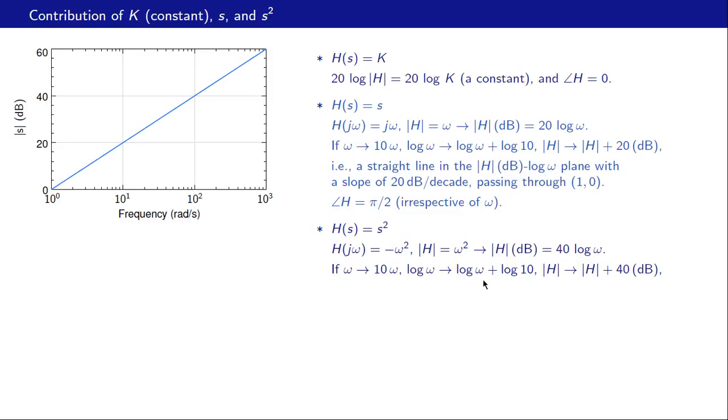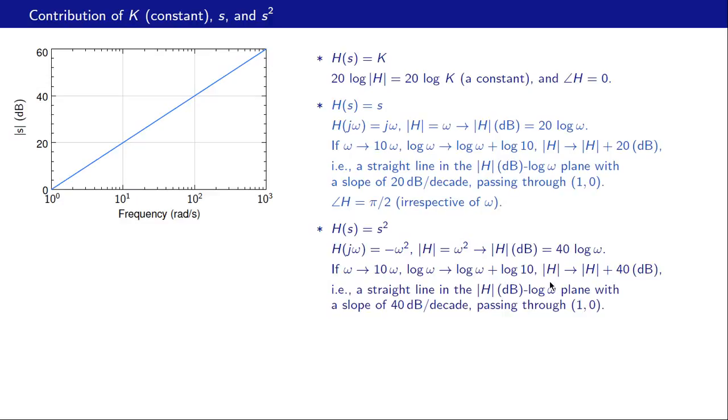Once again, we go through this exercise of allowing omega to go from omega to 10 omega, and then we find that h increases by 40 dB. So therefore the slope is 40 dB per decade. So it's a straight line in the h versus log omega plane where h is in dB with a slope of 40 dB per decade and passing through omega equal to 1, h equal to 0 dB.